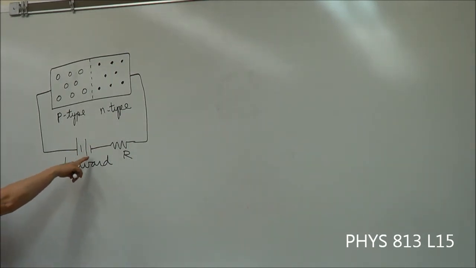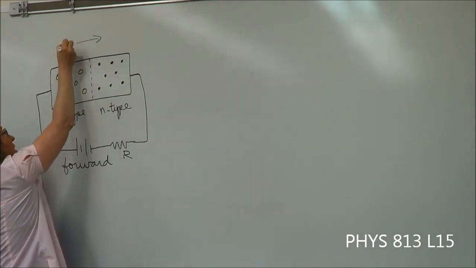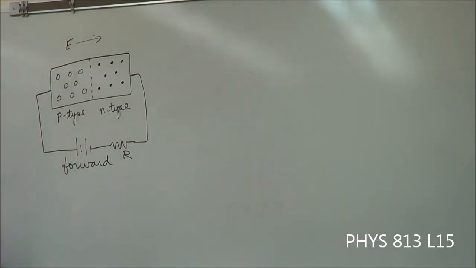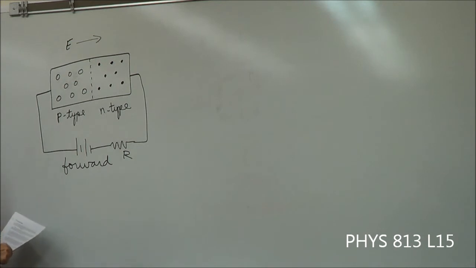So if we have this battery, it's going to produce an electric field to the right. And we also know that the positive current, or the normal current, comes out the positive side of the battery. So if we have an electric field to the right, then we need to draw arrows on our charges to show which direction they're going to move.